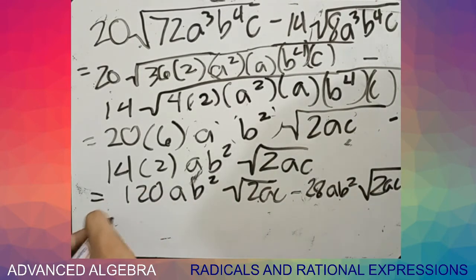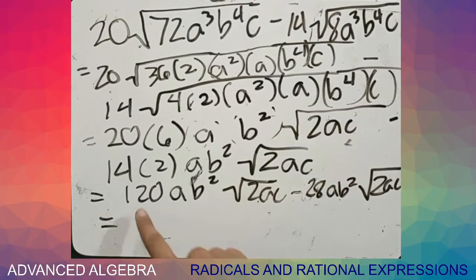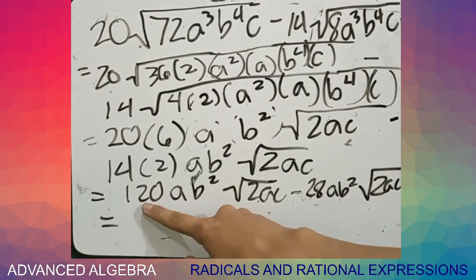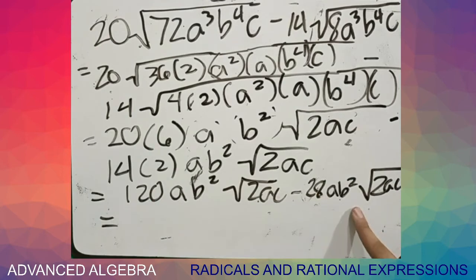Next. So, magkapareho sila, di ba? Magkapareho to, tsaka ito. So, ibig sabihin, ipagminus lang natin yung kanyang numerical coefficient kasi magkaparehas sila. Okay, pag magkaiba sila, retain lang siya. So, 120 minus 28. So, ang sagot dyan ay, anong sagot sa 120 minus 28?